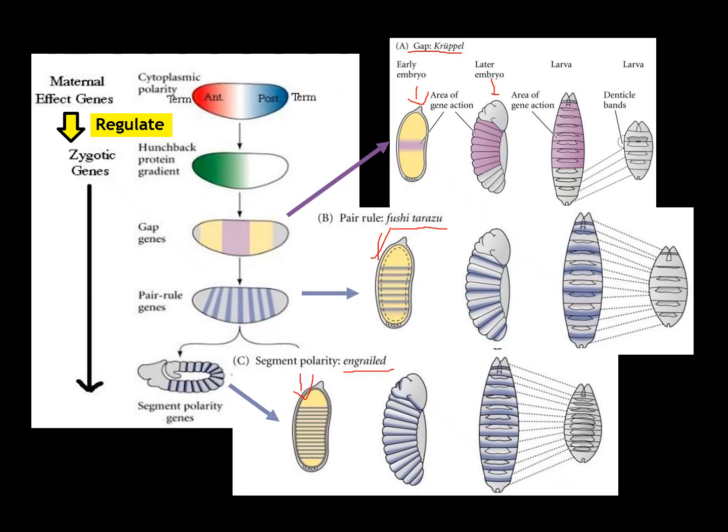this one was expressed in an entire region. Now this one will be expressed in stripes, and this one will be expressed in even smaller stripes. Yeah, so more and more complex patterns. In the larvae, this will be affecting an entire region here.